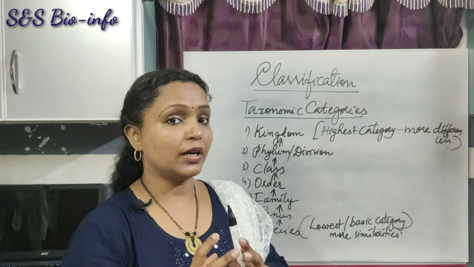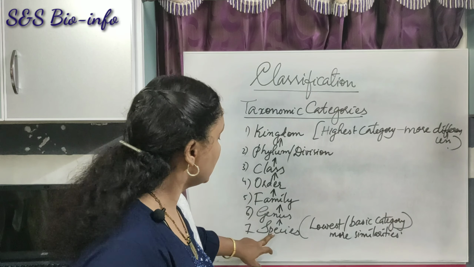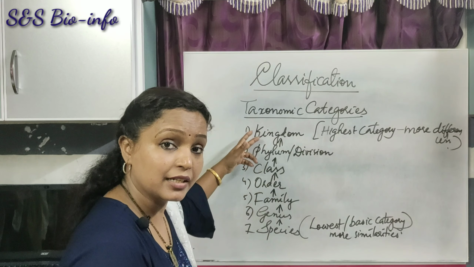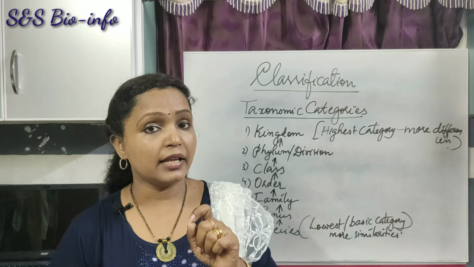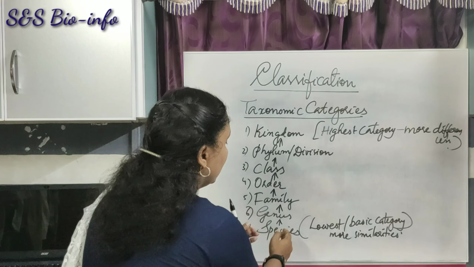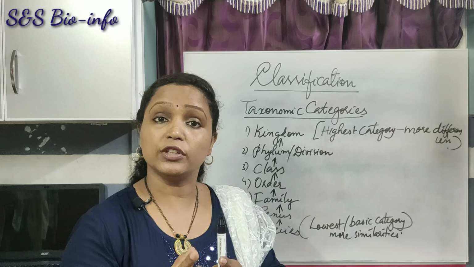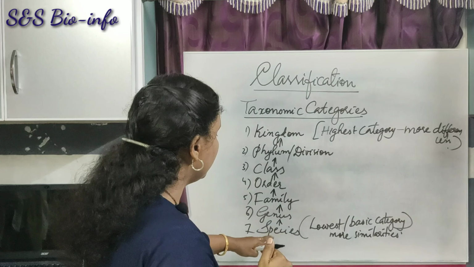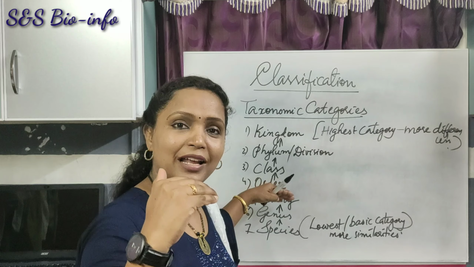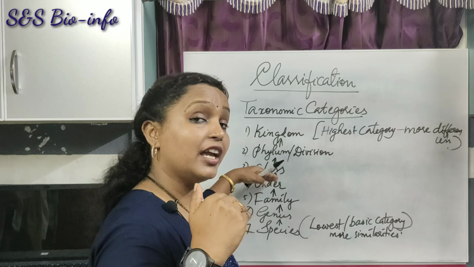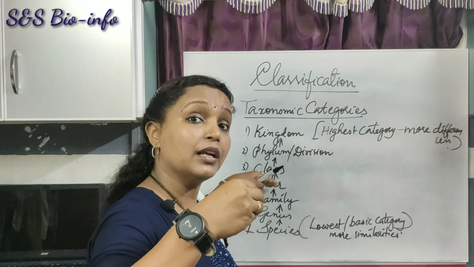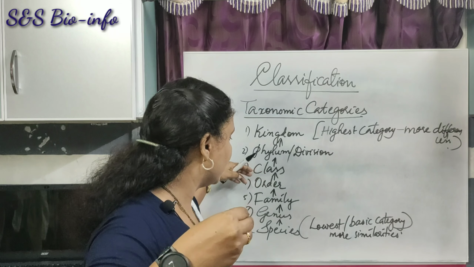Here we need to understand one important thing. As it goes to the higher categories, the number of similarities decreases. Species is a group of closely related animals with common fundamental features. When it goes to genus, the number of similarities decreases. Again to family, the similarities decrease.